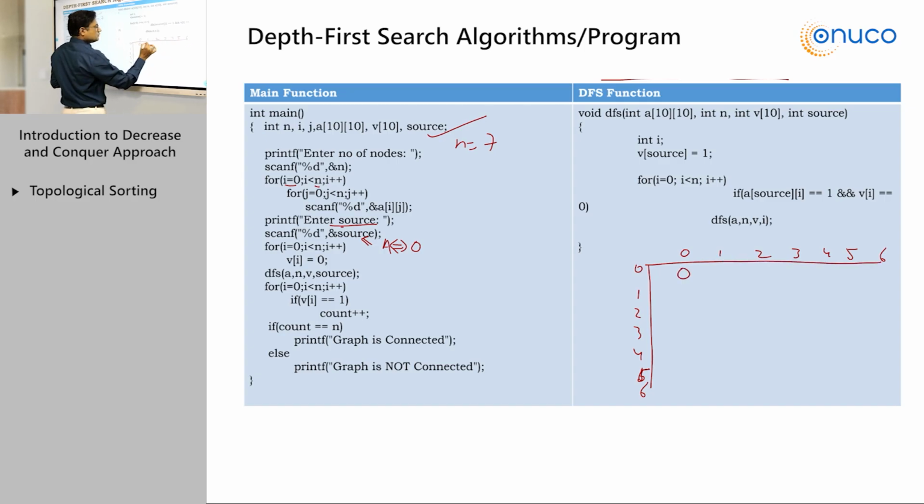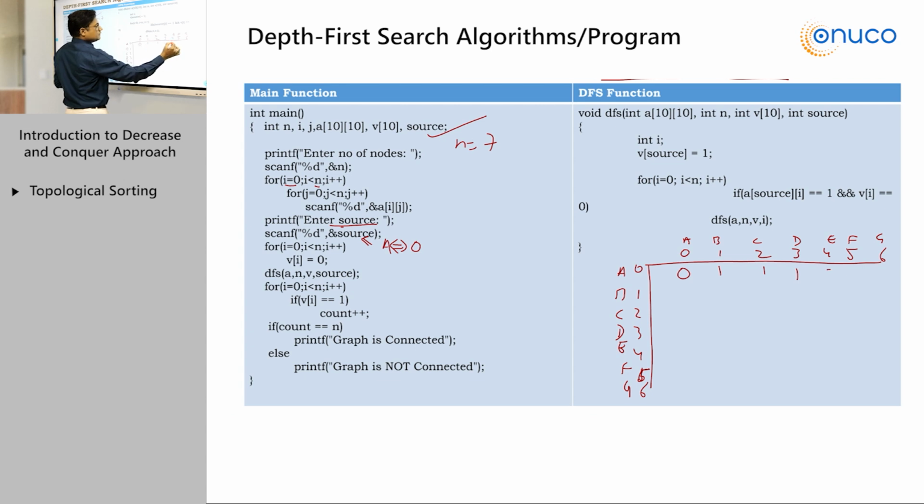A to A, 0, A to B. So here it is A, B, C, D, E, F, G. For your understanding, A to B, there is a path. A to C, there is a path. A to D, there is a path.